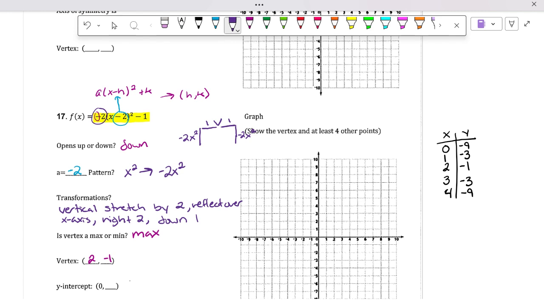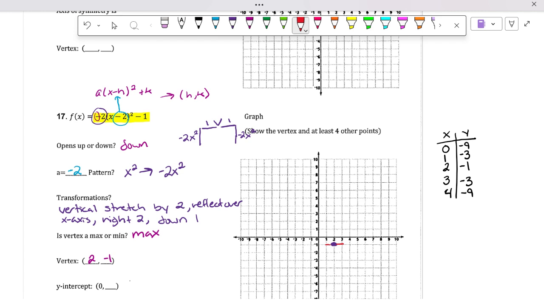So first things first, I'm just going to graph the vertex. So that's 2, negative 1. Now, I'm going to go out 1 on either side. So I'm dealing with x is 1 and x is 3. Now, we know what those values are already from our table, so we're just going to confirm that. We're going to use our table as our check.